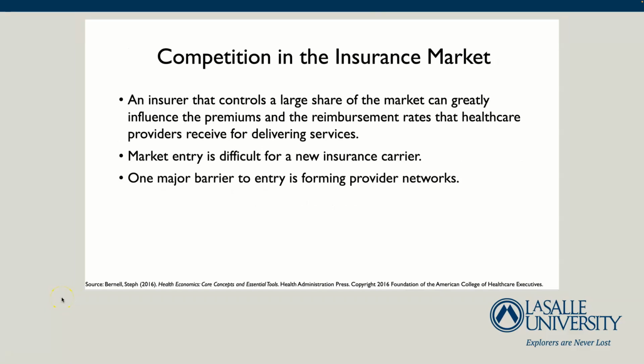Regarding competition and the insurance market, we should note that an insurer that controls a large share of the market can greatly influence the premiums and the reimbursement rates that healthcare providers receive for delivering services.